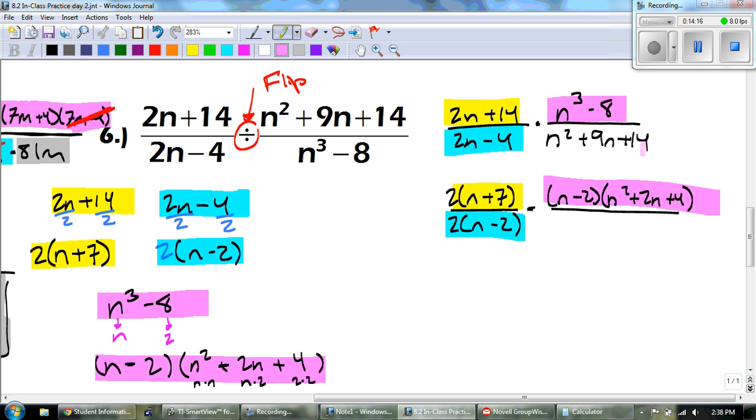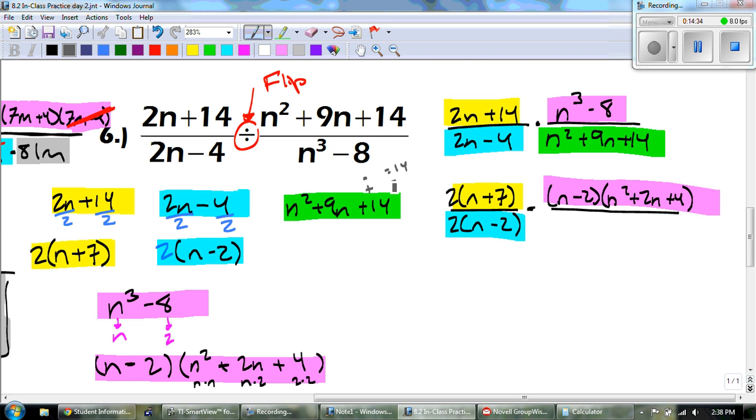And now the last one, our green, let's factor it right here. We have n squared plus 9n plus 14. Okay, I need numbers that multiply to get to 14 and add to get to 9. Yeah, you should have gotten 2 and 7.